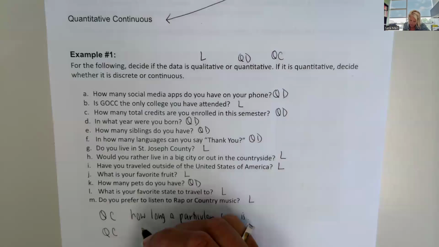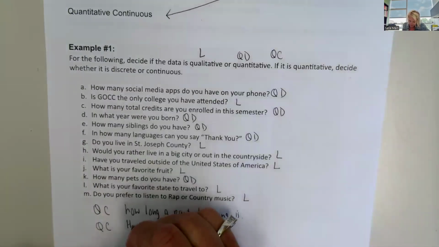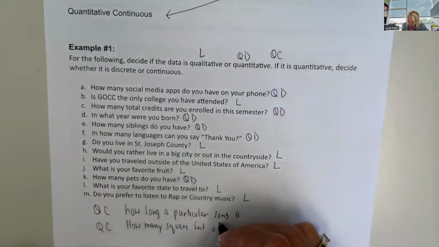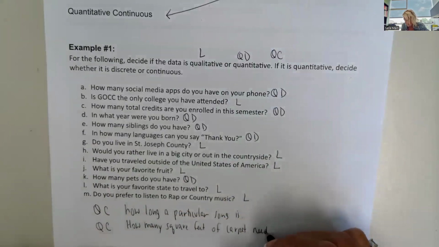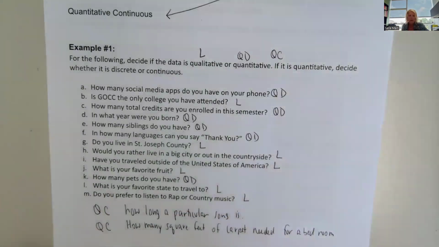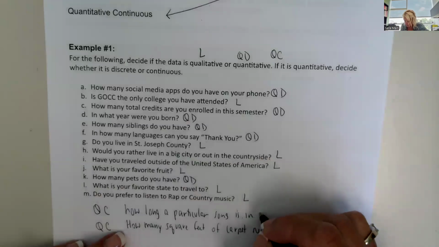Quantitative continuous might also be how many square feet of carpet are needed for a bedroom. That's something that's measurable. And we would say maybe measuring the length of the song in minutes. So you have the unit there.